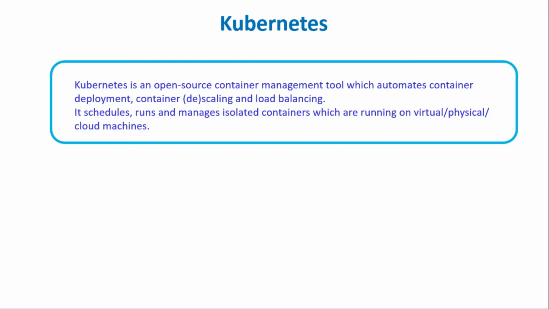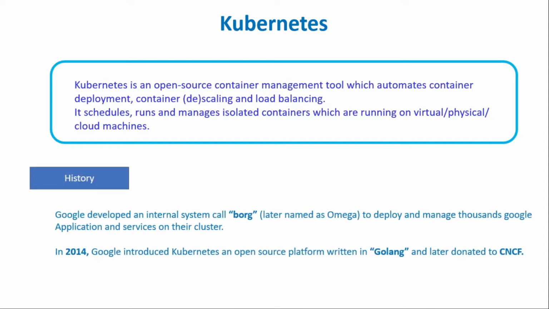Let's know about the history of Kubernetes. Google developed an internal system called Borg, later named Omega, to deploy and manage thousands of Google's applications and services on their cluster. Kubernetes was actually developed by Google for their internal system.